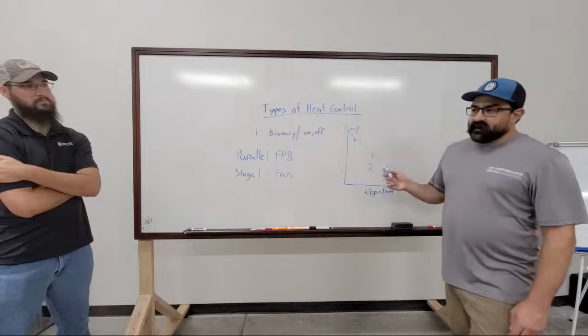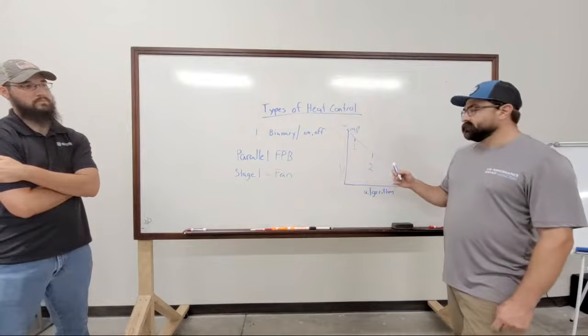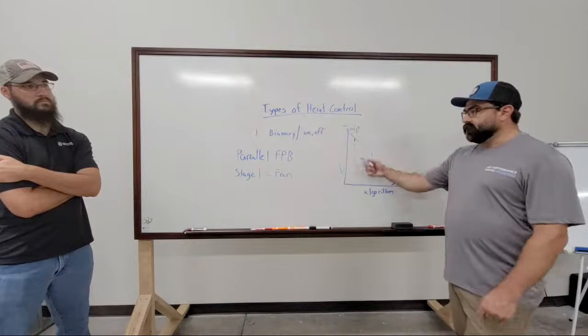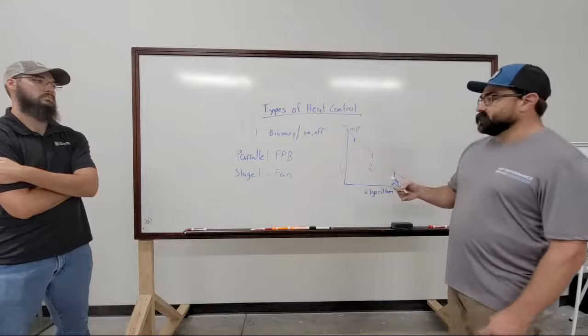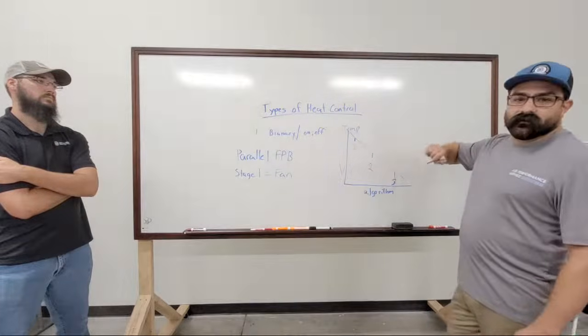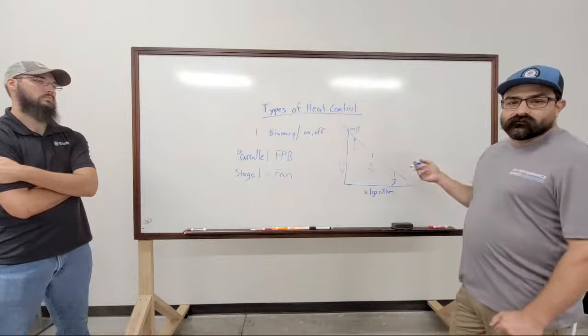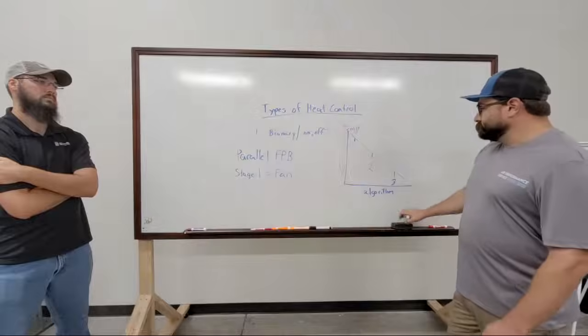The heat side of it, however, purely focuses on temperature deviation. Doesn't really care about flow. It can be a flow algorithm in there as well, but as far as your reheats, it's going to be solely based on temperature. So temperature goes down, output increases.